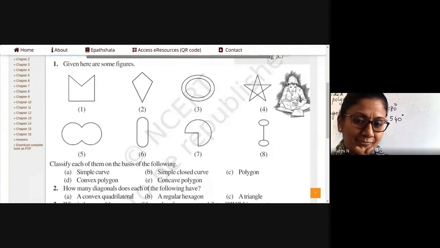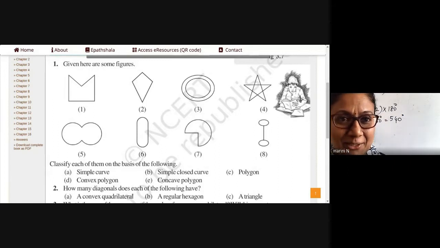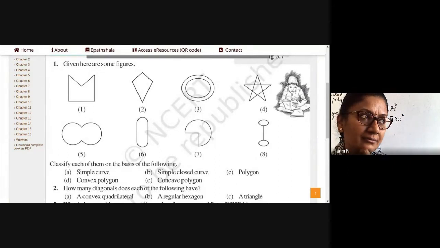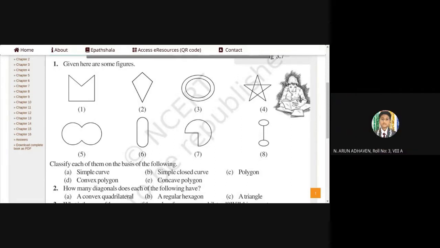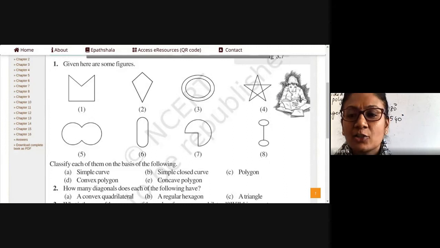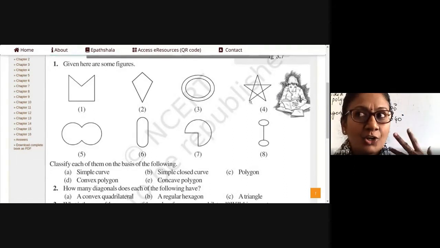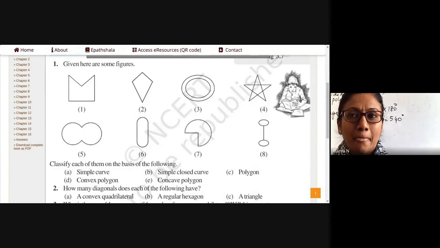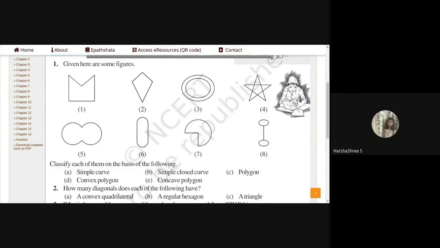Is it a simple curve? Is it a polygon? See, you're getting your doubts now. Can I call it a simple curve? Ma'am, the lines are overlapping. Here I cannot call it a curve at all because all the edges are straight. It is not at all a curve. Ma'am, it's a polygon. Simply a polygon.